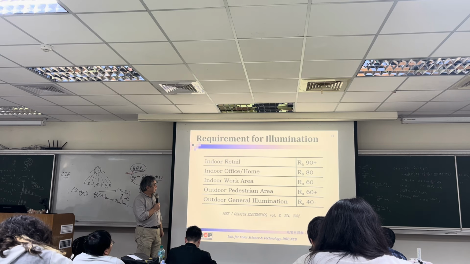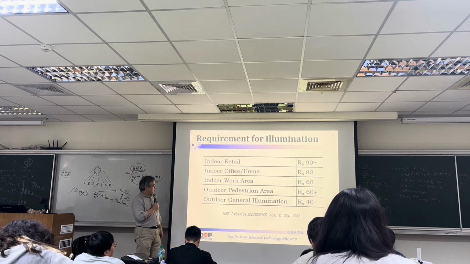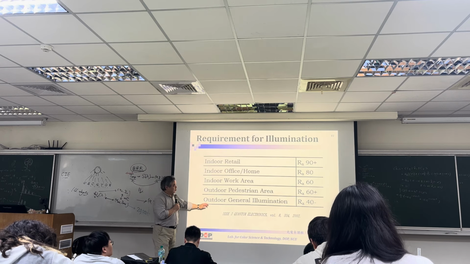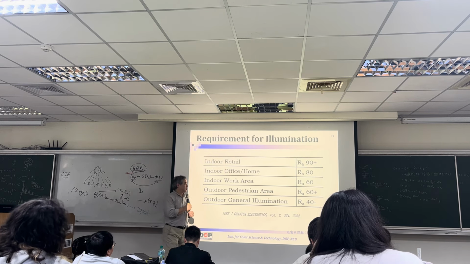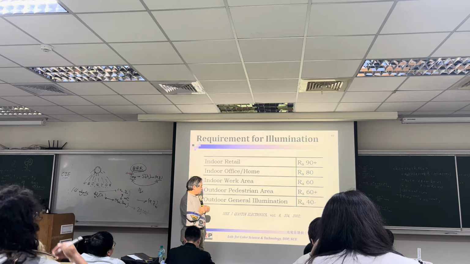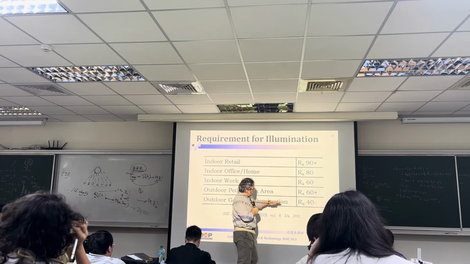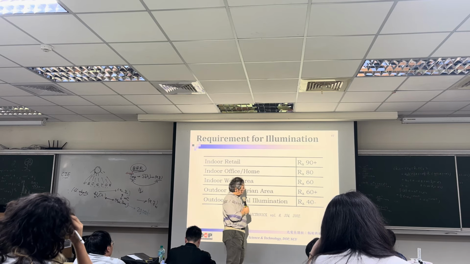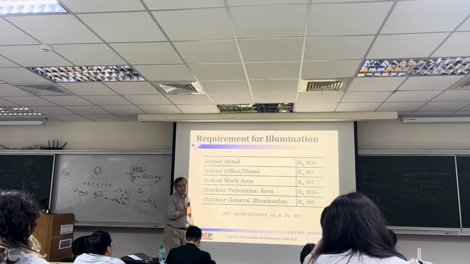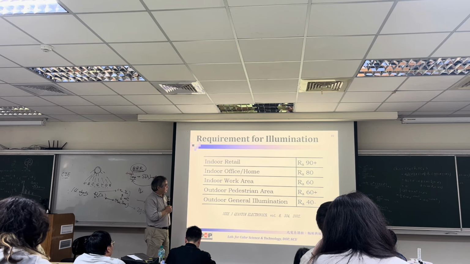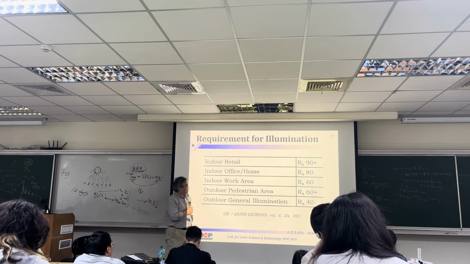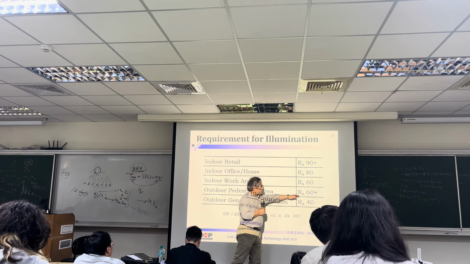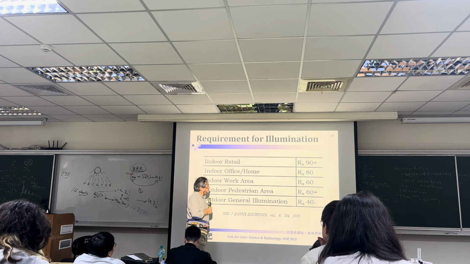If we need a light source for outdoors, because you have the help of natural light, we require higher than 40, which is good enough. And for an outdoor working area, it is better to have 60.